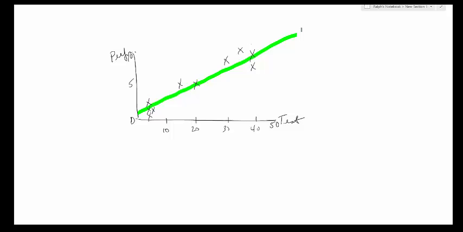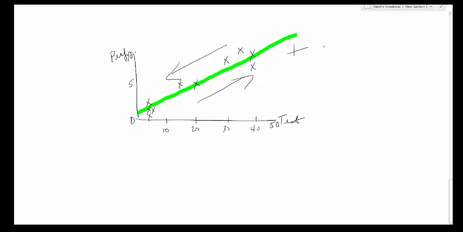And the other thing you'd like to know is, is this relationship truly a plus relationship? As one goes up, the other goes up, and as one goes down, the other goes down. So is that a plus relationship?